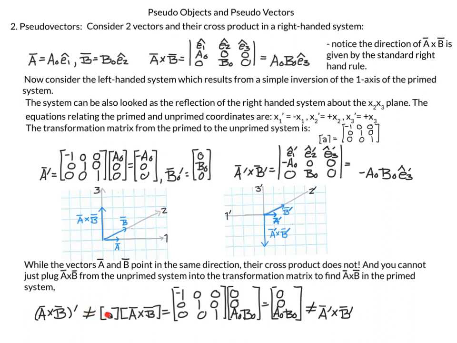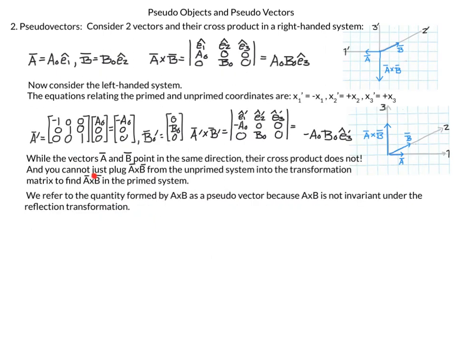We can't just take this A cross B and transform it, because when you apply the transformation matrix to A cross B, which is A naught B naught in the E3 direction, you get 0, 0, A naught B naught, which is not the same thing as A prime cross B prime, which is what you would like.